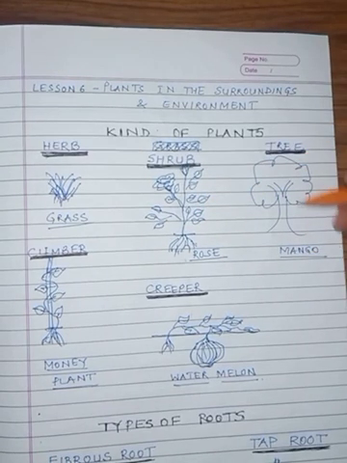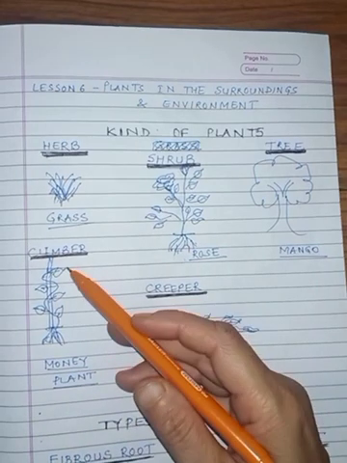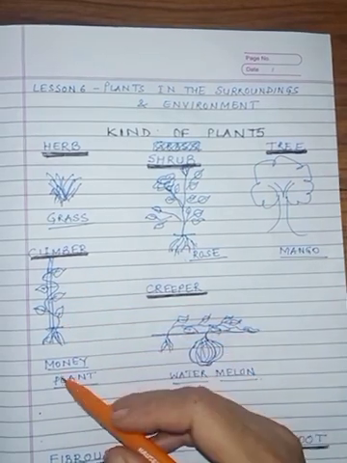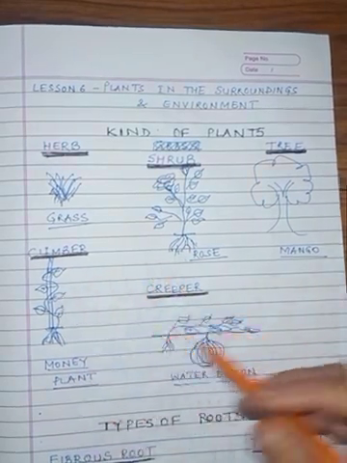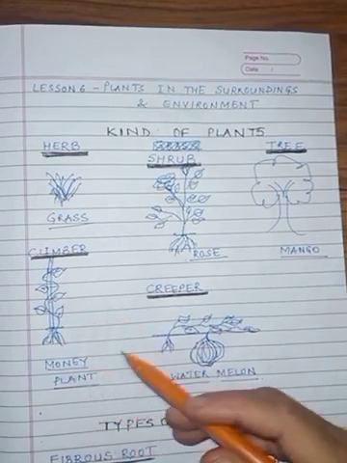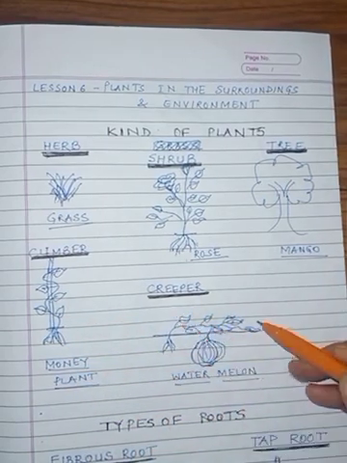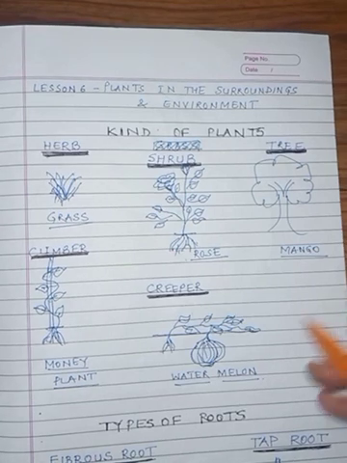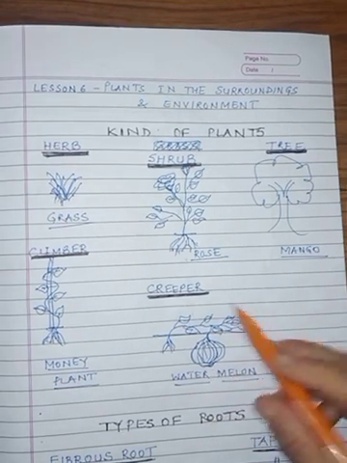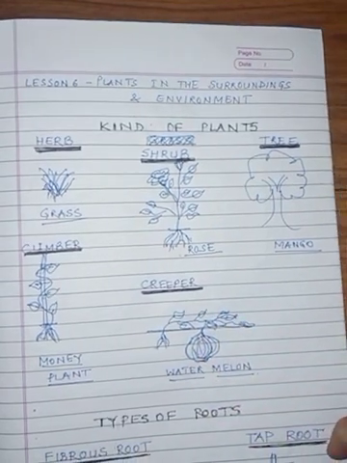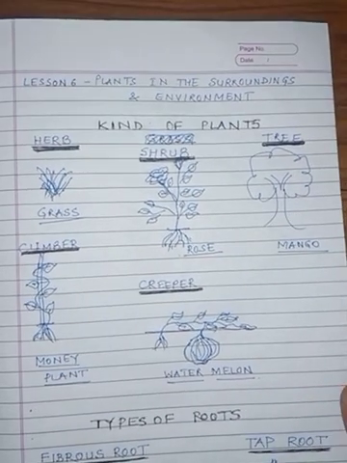Then tree, mango tree. Then comes climber. Climber is money plant. It climbs. It needs support to grow. Creeper, watermelon. Understood? These are the diagrams. You also can draw the diagrams in your notebooks.